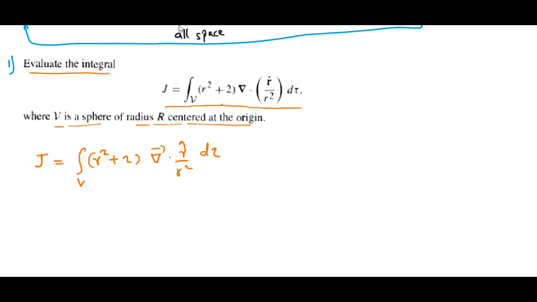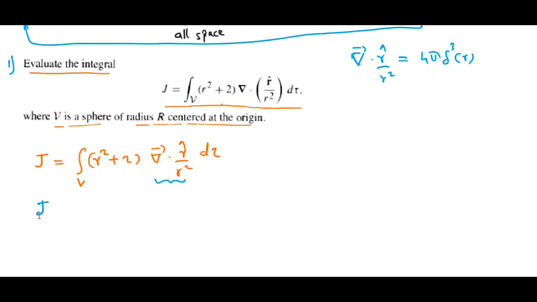To solve this problem, we have to use this idea: we already have the answer for the divergence of r cap by r squared, that is, del dot (r cap by r squared) is nothing but 4 pi delta cubed (r). Let me substitute this value here.